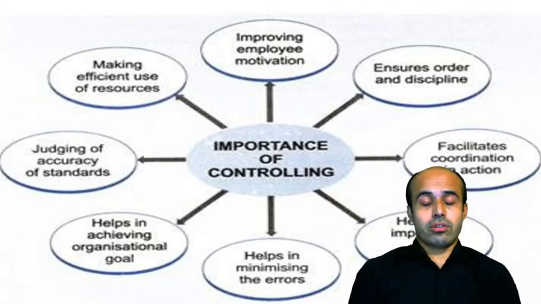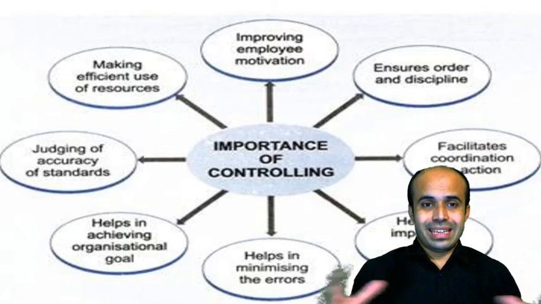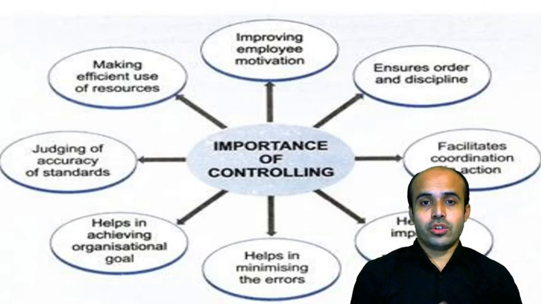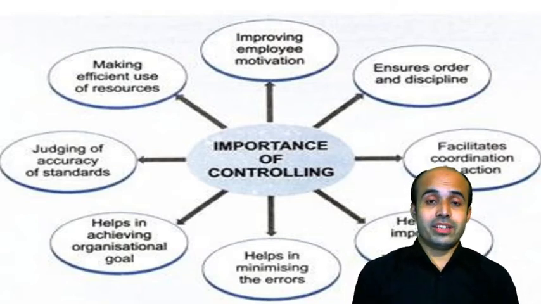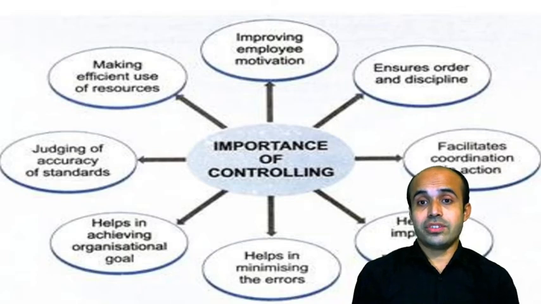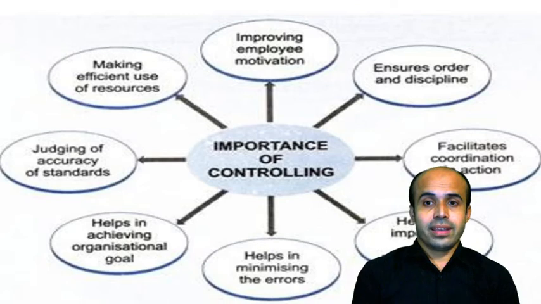When the controlling process is done, all of the personal performance will be gathered to measure the accuracy or the actual performance. So that is why it also facilitates coordination.